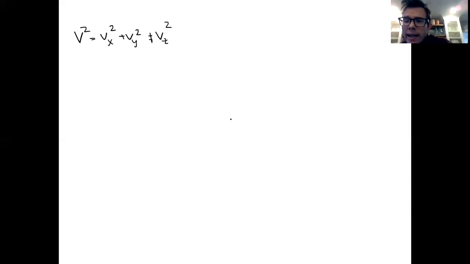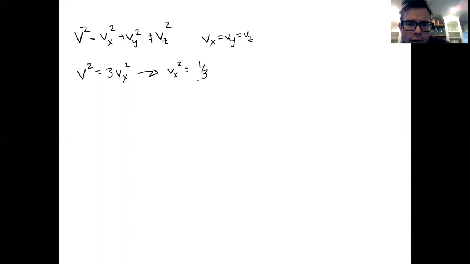And if I recognize that it's isotropic, right, Vx equals Vy equals Vz, I will get an expression like this, which I can solve for Vx squared, and I get that that's 1/3 V squared.